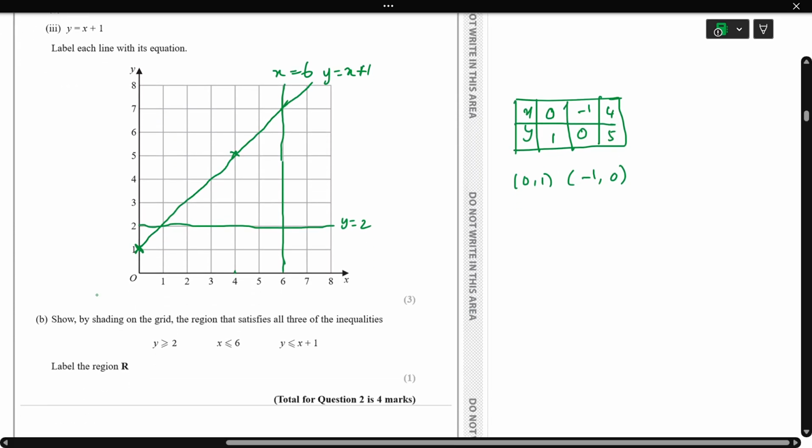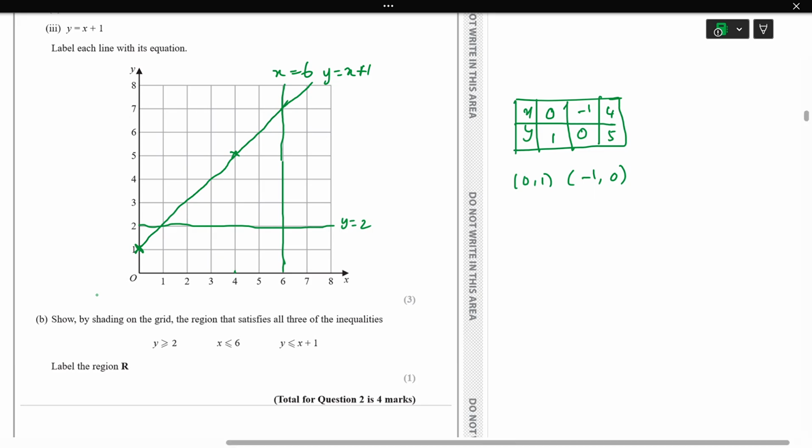The second part: show by shading on the grid the region that satisfies all three inequalities. Y is greater than or equal to 2, which is above this. And x is less than or equal to 6, which is below this. And y is less than or equal to x plus 1. So we'll choose one point from this region. So I'll fix it here, this is 5 comma 3.